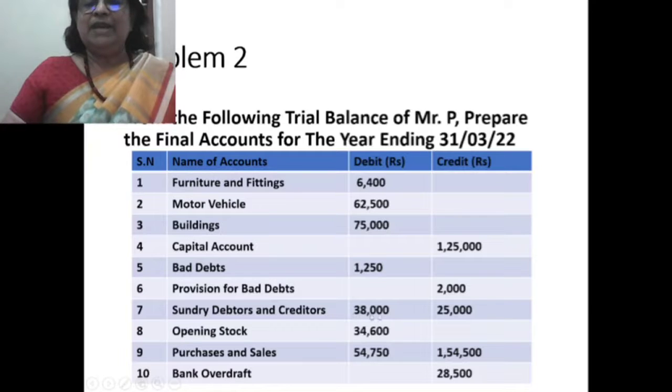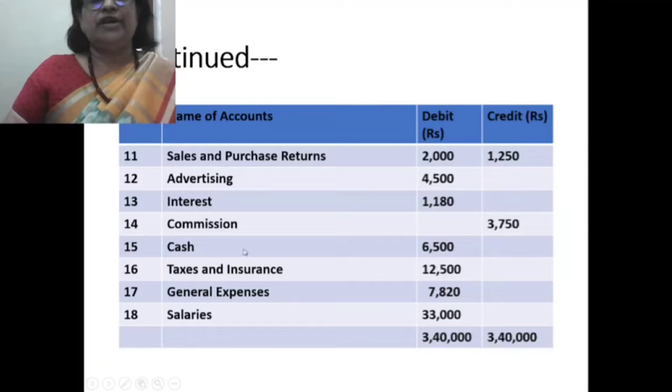Debtors will be the debit balance 38,000, creditors will be the 25,000 credit balance. Opening stock 34,600. Purchases and sales. Purchases is debit balance, sales is credit balance. So purchases 54,750, sales 1,54,500. Bank overdraft 28,500.